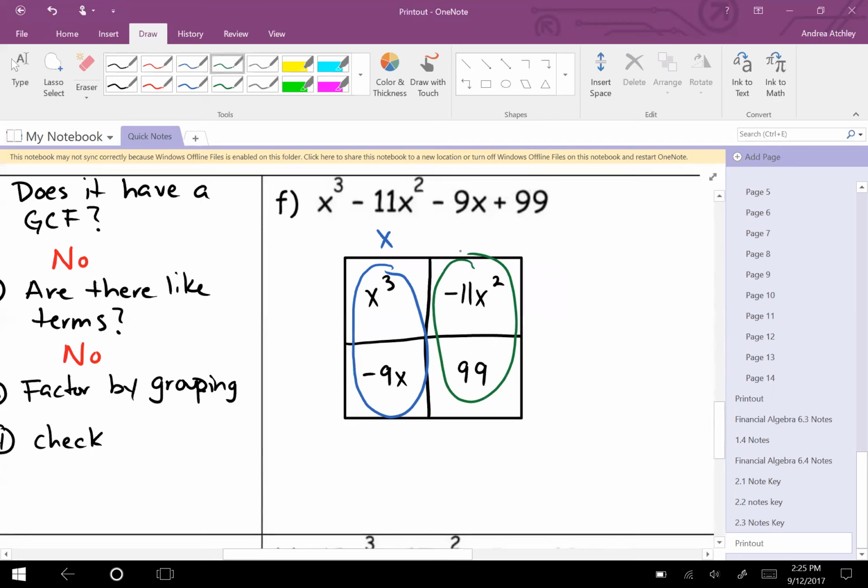Lauren, what can those both be divided by? 11 and 99? 11, yes. And it does need to be negative. The first term is negative.